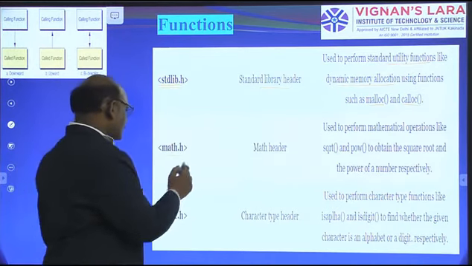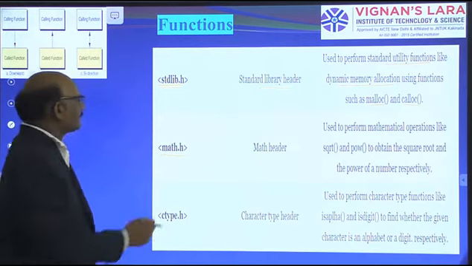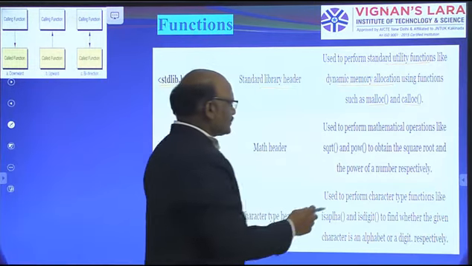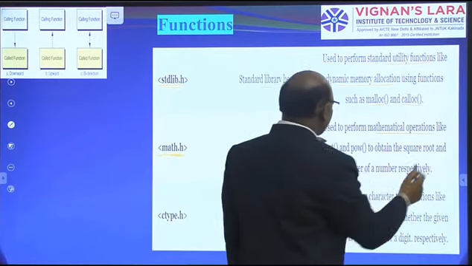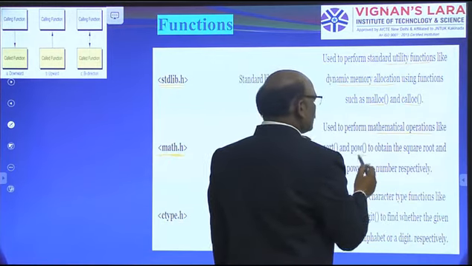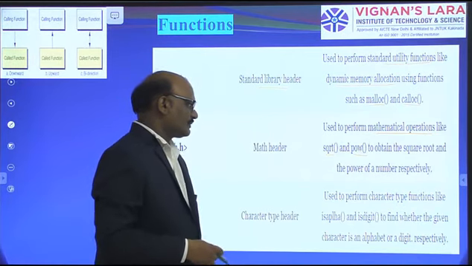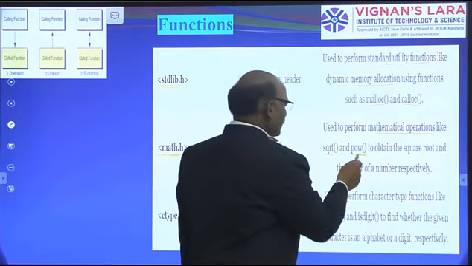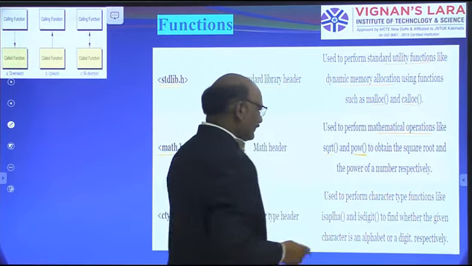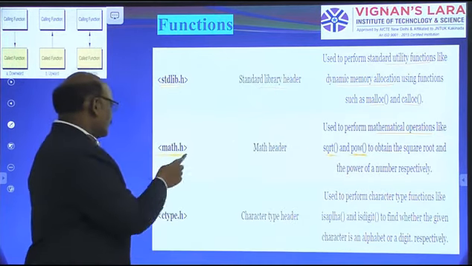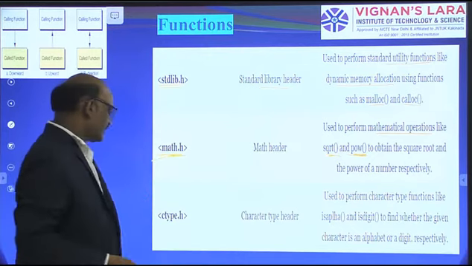Another header file is math.h, the math header. It is used to perform mathematical operations like square root, sqrt, and power of a given number. Whenever you are using these library functions, you need to include the math.h header file.